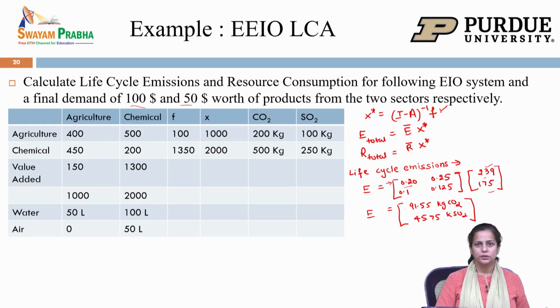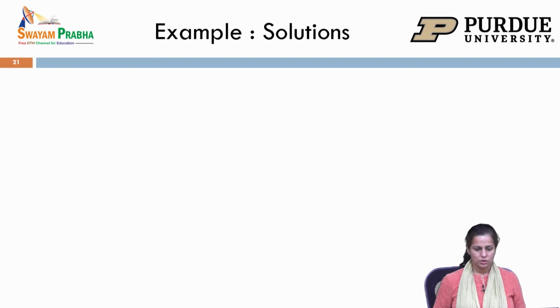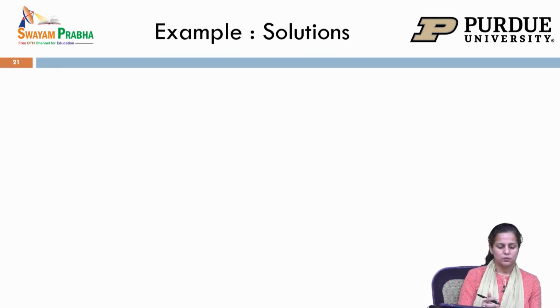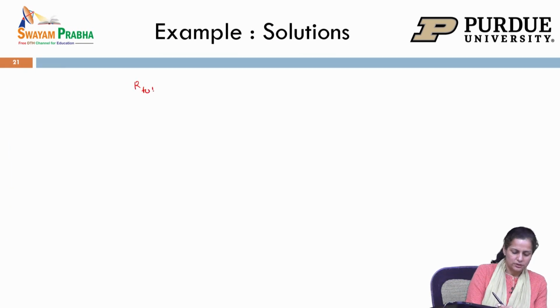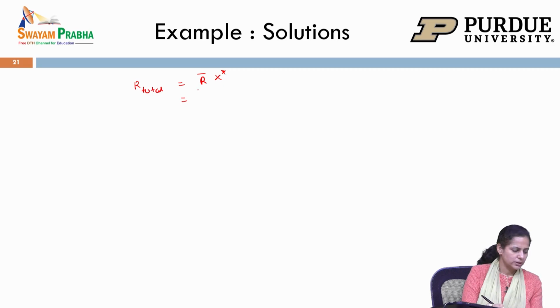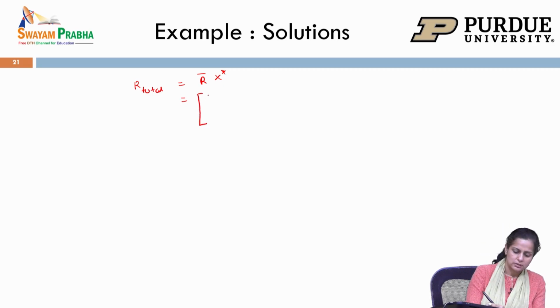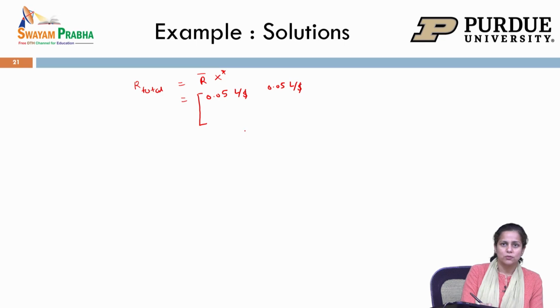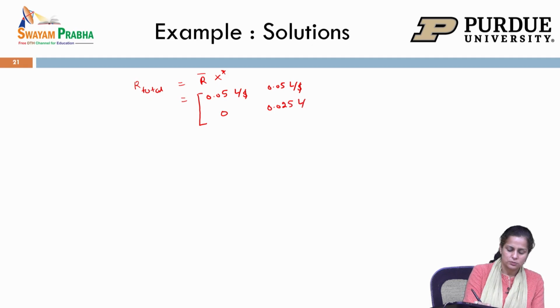Similarly, we can calculate the total resource consumption. R total is given as R bar times x star. Your R bar we had calculated as 0.05 liters per dollar and 0.05 liters per dollar, that is the total amount of water from the two sectors, 0 and then you have 0.025 liters per dollar.